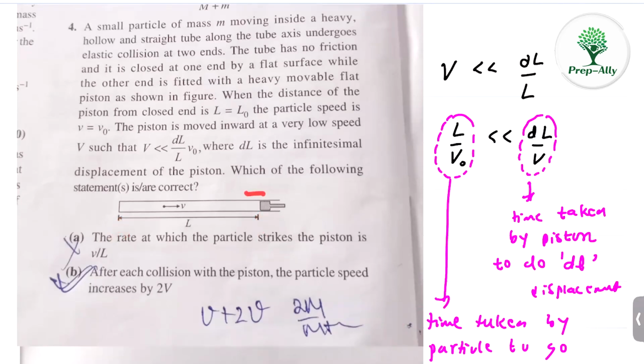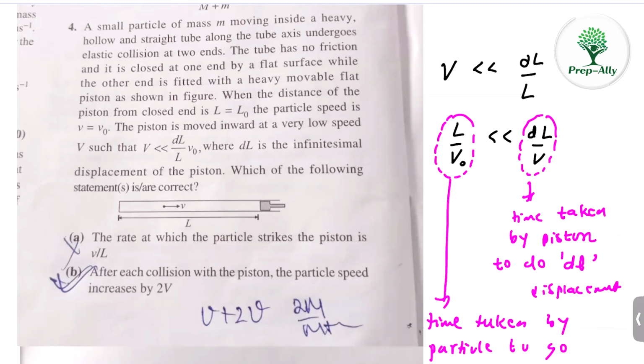So by the time the piston does a displacement of dl, this particle has gone back and forth a huge number of times, and each time its velocity will be slightly changed. And how much is that?